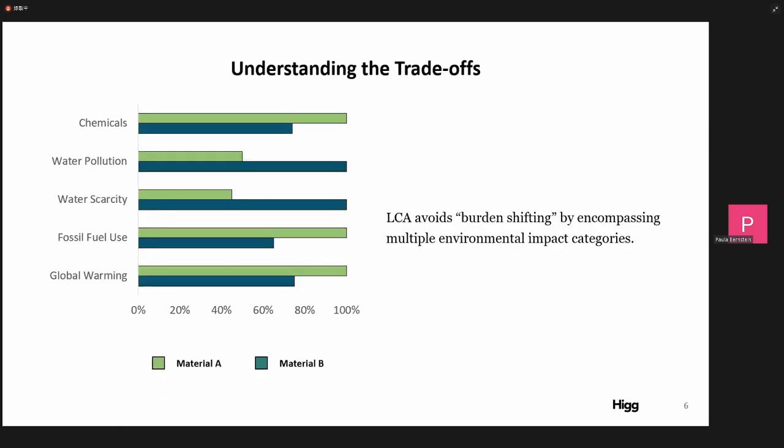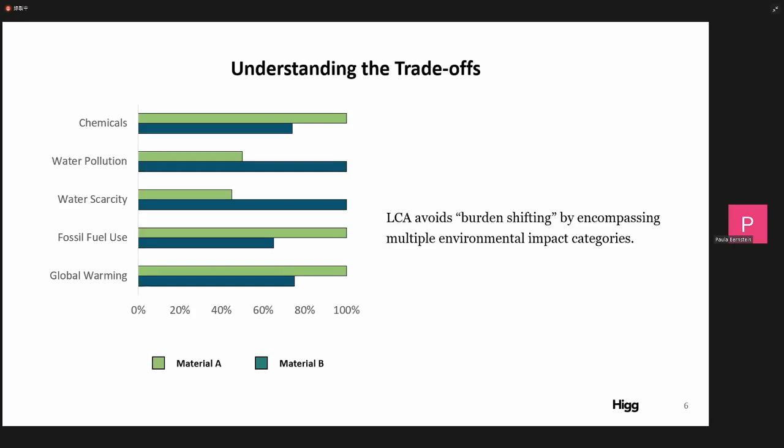LCA is also a great tool because we look at multiple impact categories, not just one. One material might be better in global warming, but might have higher water use and higher eutrophication impacts. We see that a lot in bio-based products, which is not surprising since they use something grown from a plant on a farm that would probably use more water than fossil fuel-based materials, which typically use very little water.